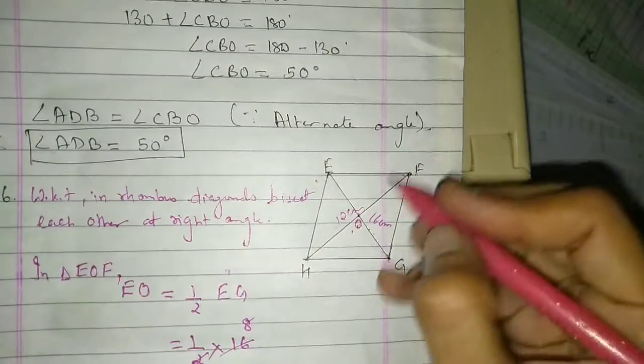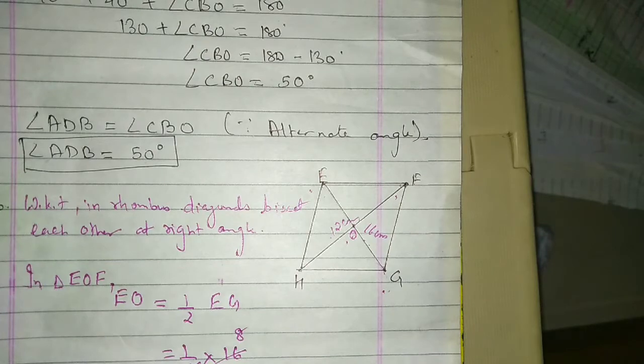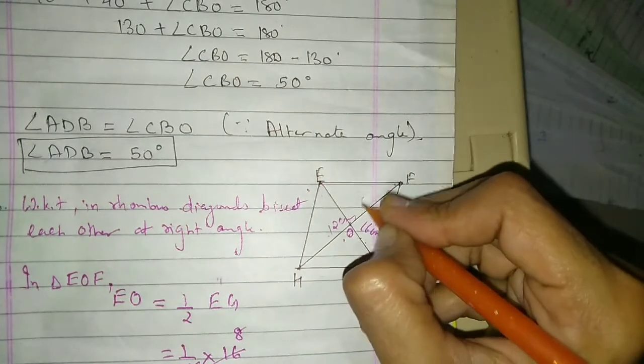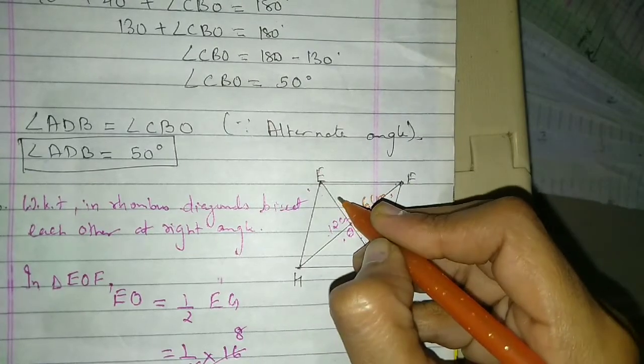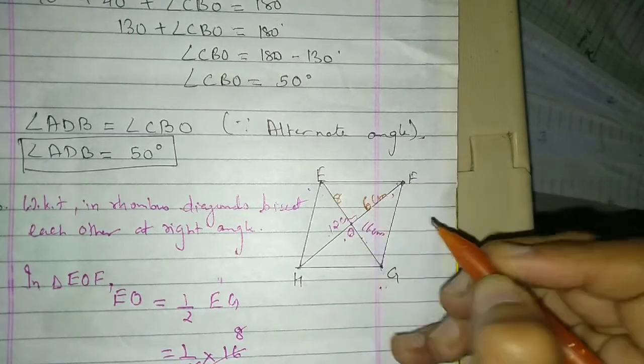So we got FO is 6 centimeter and EO is 8 centimeter.